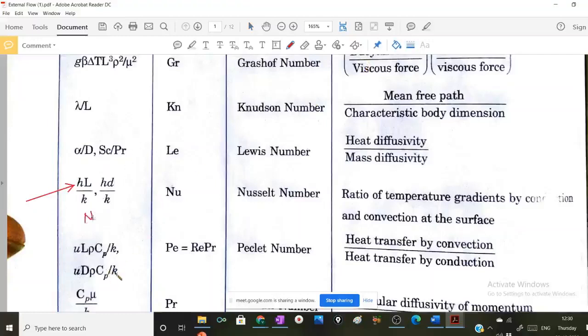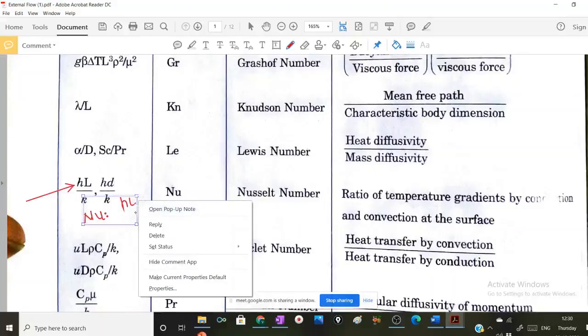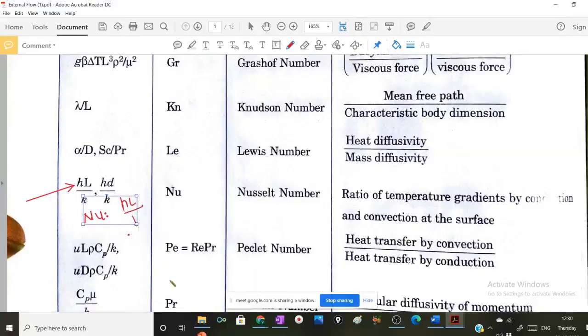The very general formula of Nusselt number is h Lc over K. Here the suffix C is there, so Lc is called the characteristic length.